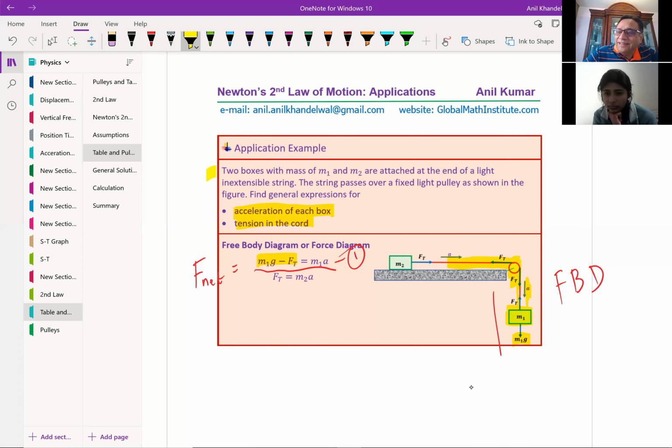Same value, correct? Because it has negligible mass. And same value, Ft, that tension pulls the second mass. And the acceleration remains the same because the system is supposed to have a negligible mass, correct?